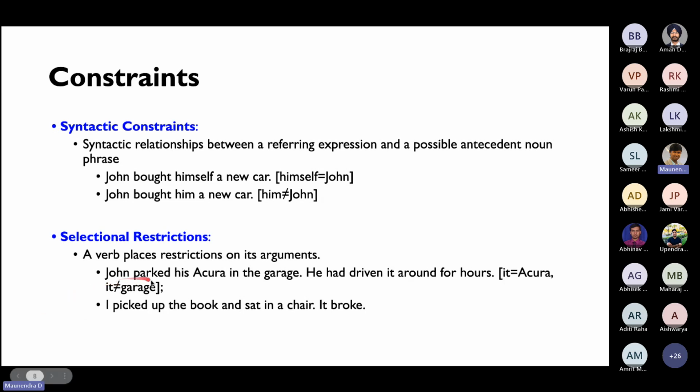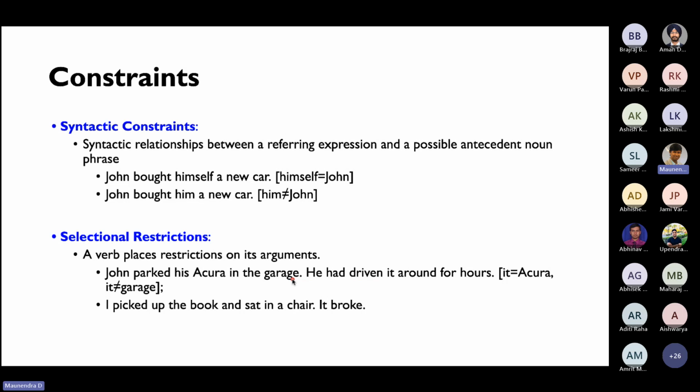So this example is: John parked his Acura in the garage. He had driven it around for hours. Now the word it is a pronoun, so it's a mention. Then John, Acura, garage are also mentions. But the word driven here is a very specific verb, and we know that a garage cannot be driven. So it cannot refer to garage.